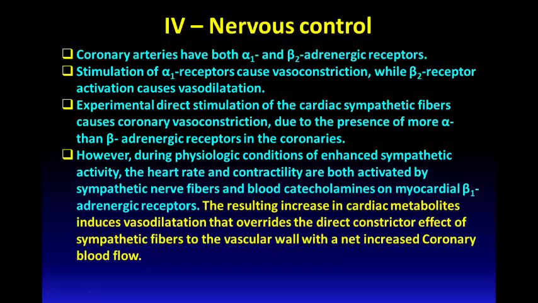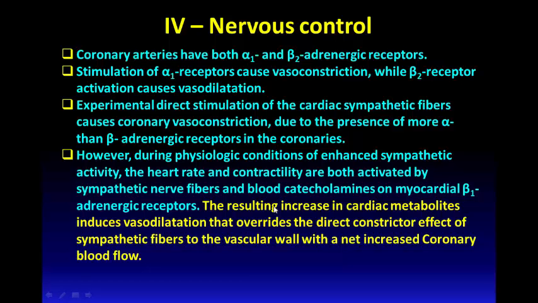However, during physiological conditions of enhanced sympathetic activity, the heart rate and the myocardial contractility are both activated by the cardiac sympathetic nerve fibers, and also blood catecholamines on the myocardial beta-1 adrenergic receptors.